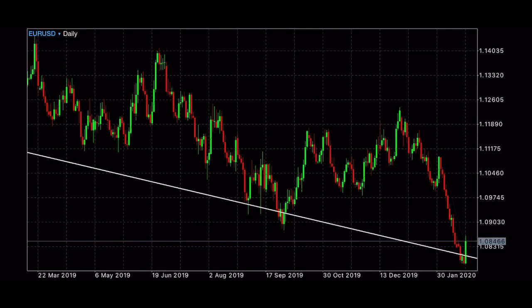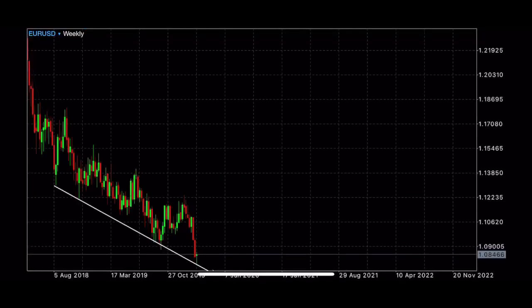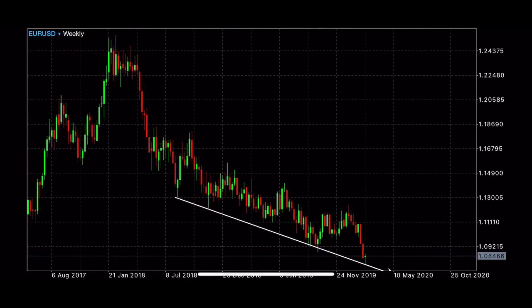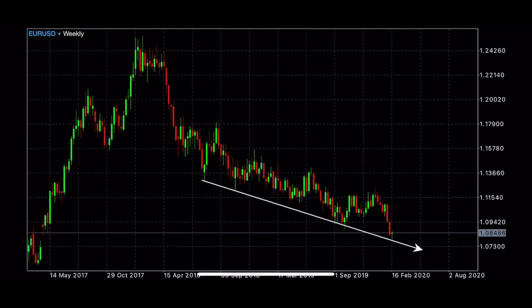All right, so if we take you to the weekly time frame, you will see that we have this trend line we drew at the bottom of the price action. But the thing is, there's also room for us to draw a trend line at the top of this price action here.